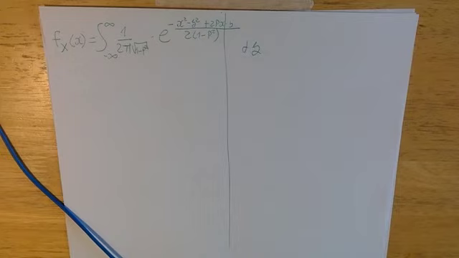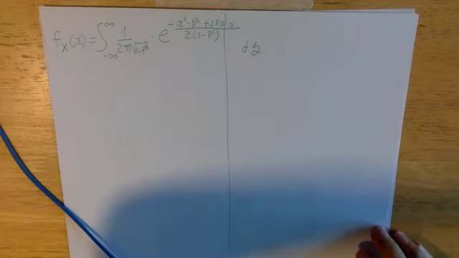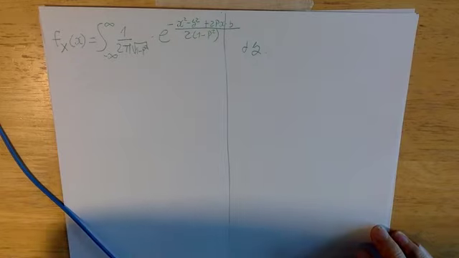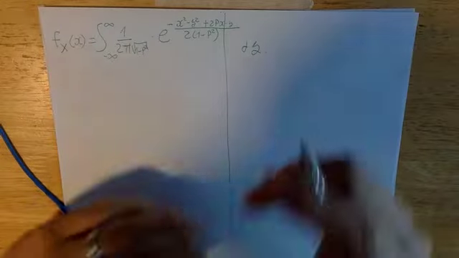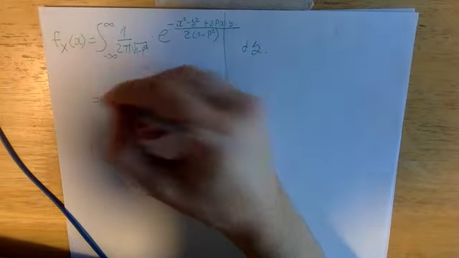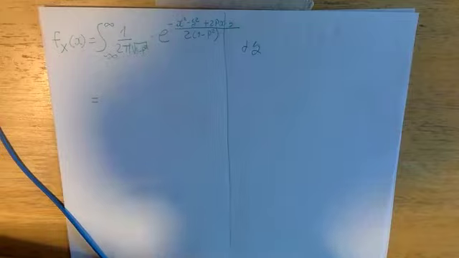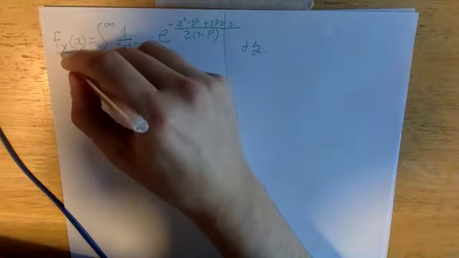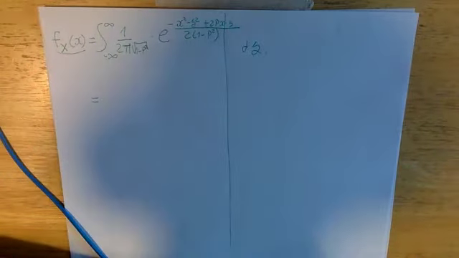Okay, so now the idea would be to take out the things in the integral that we don't need, and what we want to see is that this is actually a standard Gaussian.